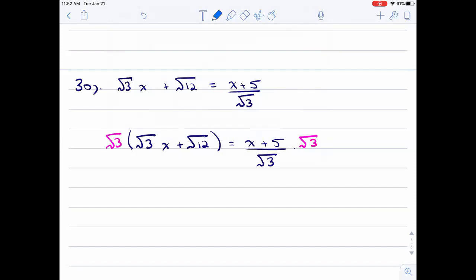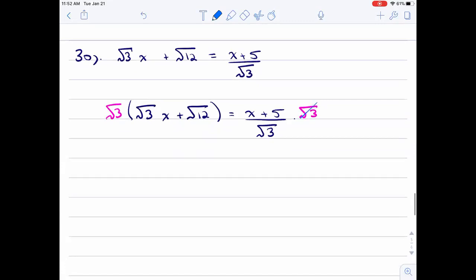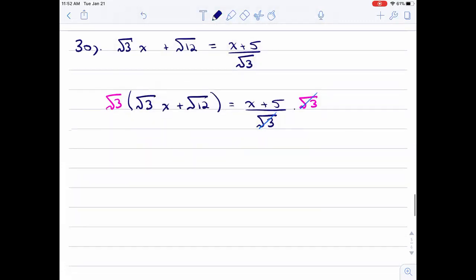For future work, we're not going to show this portion. I'm just showing you where it came from because it's been a while. So this cancels with this. So now we can rewrite this as the square root of 3 times the root of 3 times x plus the root of 12 is x plus 5.